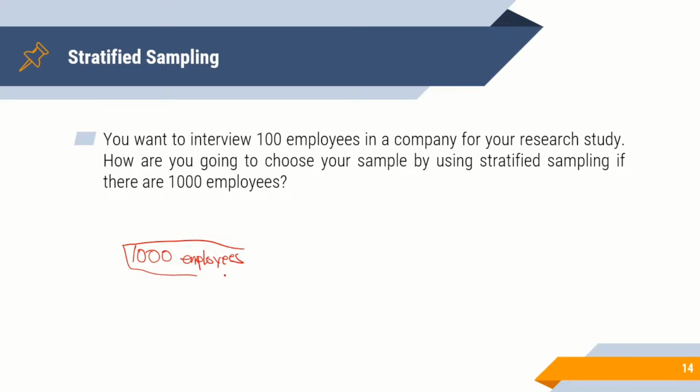Now we divide this based on gender. Assuming that we have 800 female employees and 200 male employees, these two groups are what we call the strata.